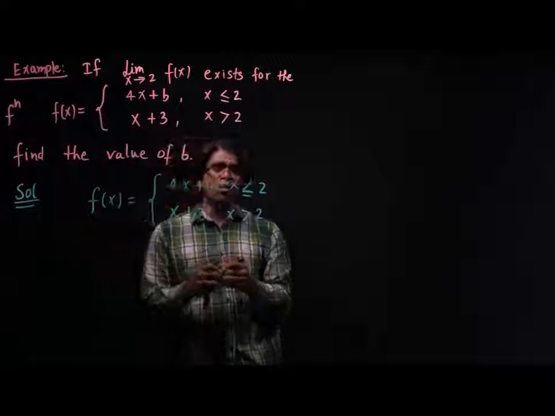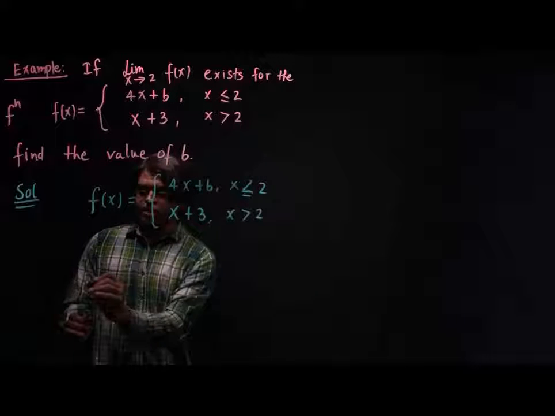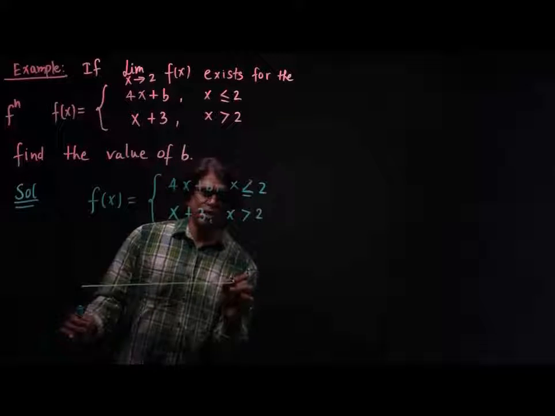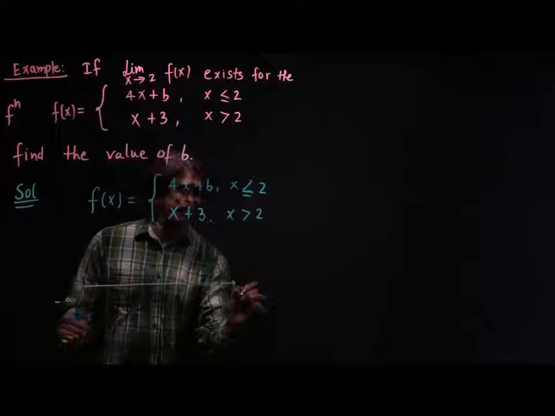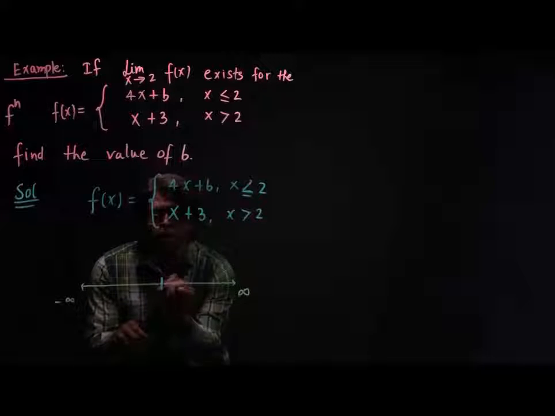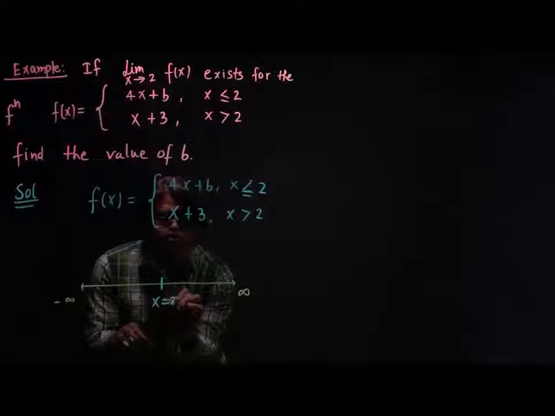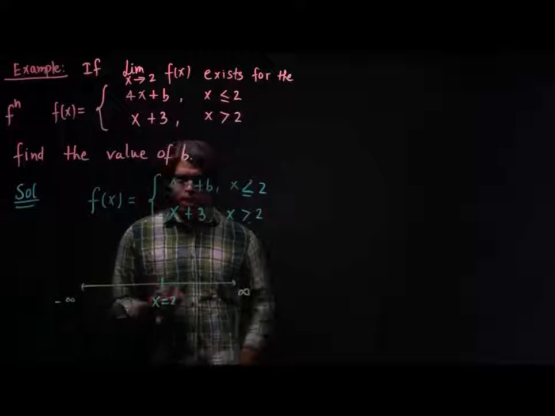Now, if I want to define this function on a number line, this is what will happen. This is my number line going from negative infinity to positive infinity, and this is my point x equals 2. As you know, there are two ways we can approach that point.